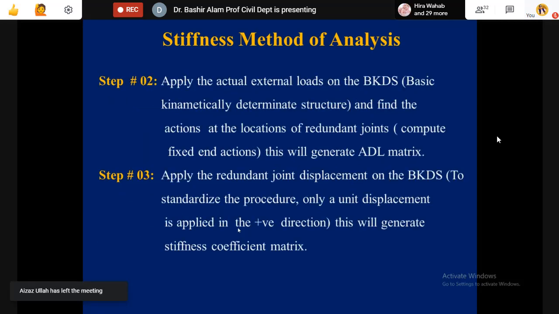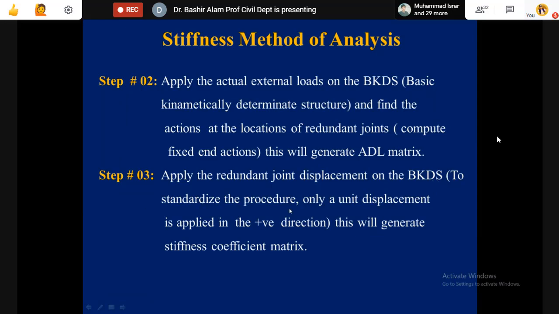Second step, apply the actual external loads on the basic kinematically determinate structure and find the actions at the locations of redundant joints, that is, compute the fixed end actions. This will generate the ADL matrix. Third step, apply the redundant joint displacement on the basic kinematically determinate structure.